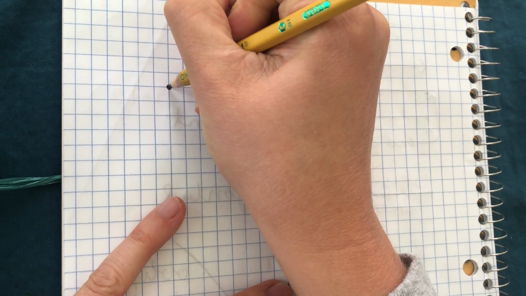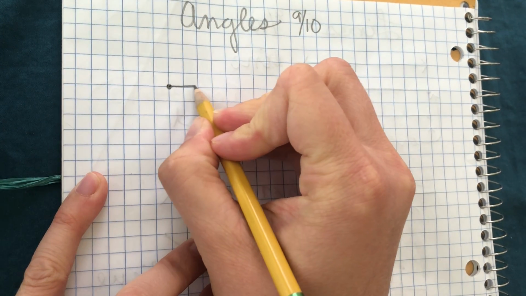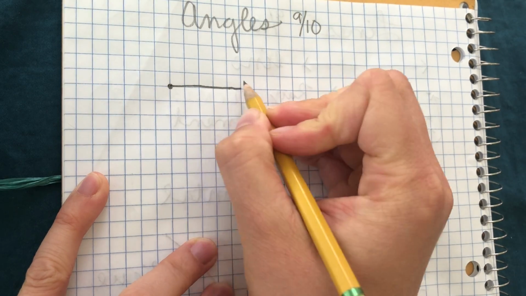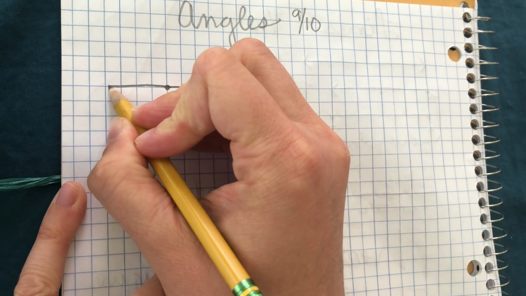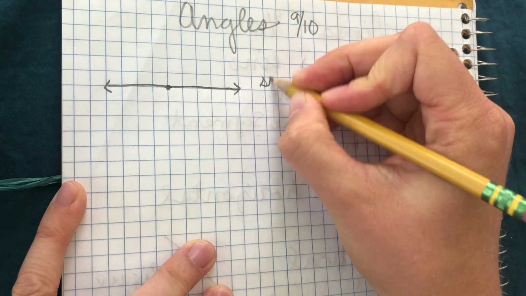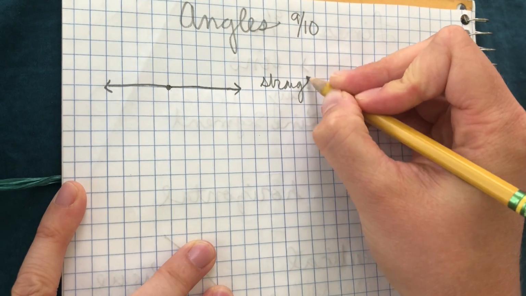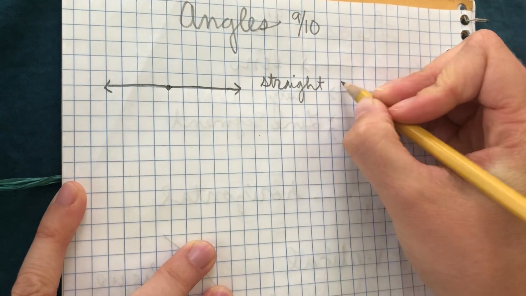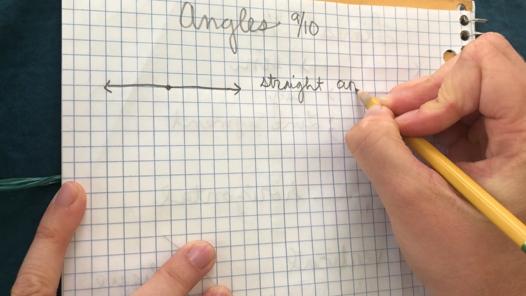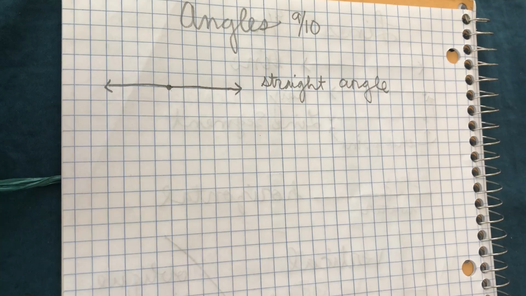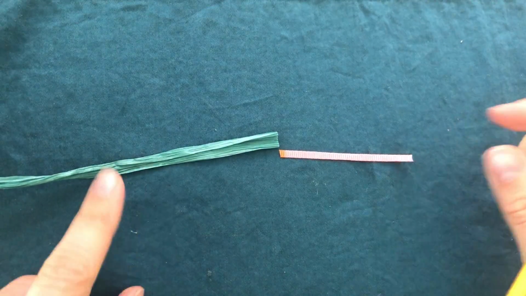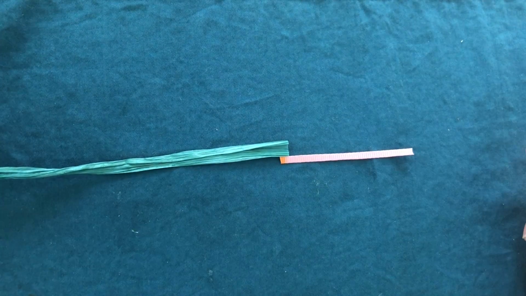So we have our point where they both meet, one line coming this way, another line coming this way. That is our straight angle. Now, that's not the only kind of angle we have.